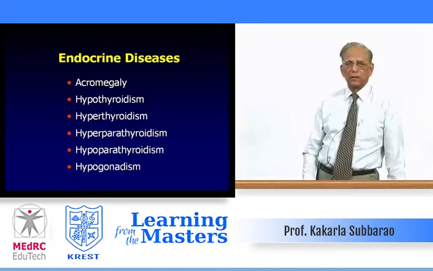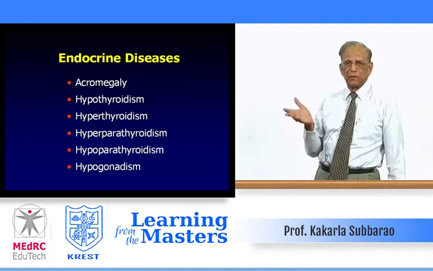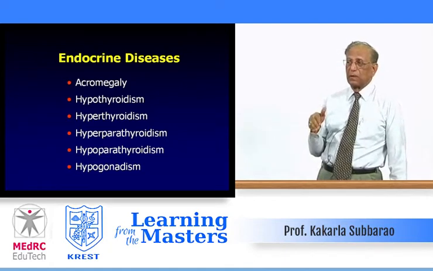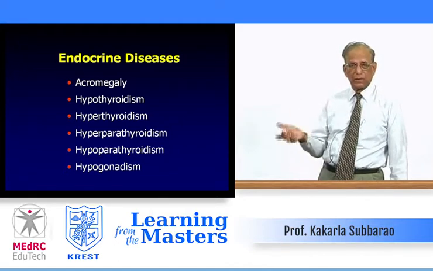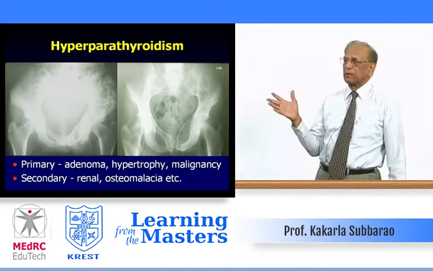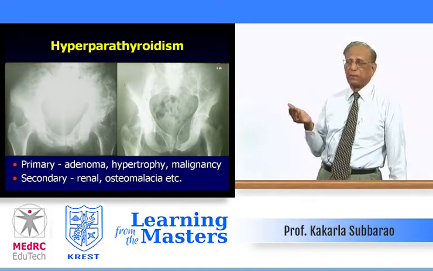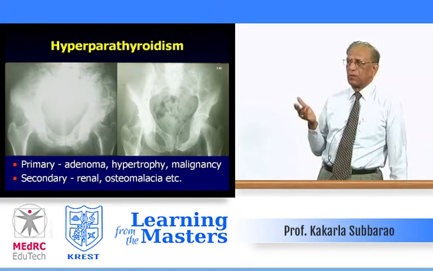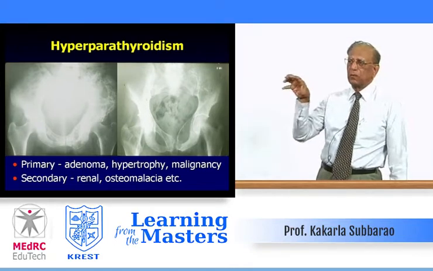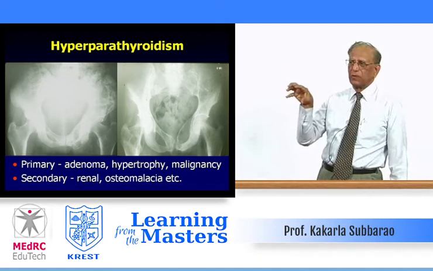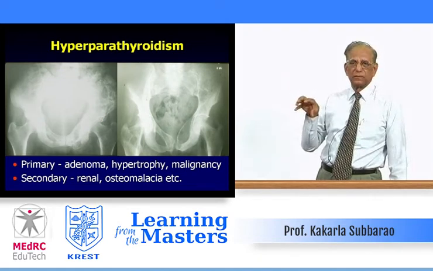The endocrine disorders from acromegaly, hypothyroidism, hyperthyroidism, hyperparathyroidism, hypoparathyroidism, hypogonadism, both in males and females. Hyperparathyroidism, classical, primary, it could be adenoma, hypertrophy, compensatory hypertrophy of the parathyroids or malignancy. Secondary renal osteodystrophy, osteomalacia, etc. One on the left side shows multiple brown tumors in the left iliac bone involving the ischium.